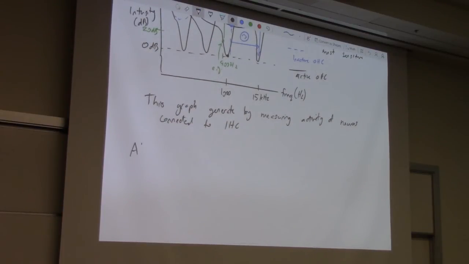So there's an alternative method of frequency discrimination, and that is phase locking. So what phase locking says is that it's not only about which inner hair cells are being activated.